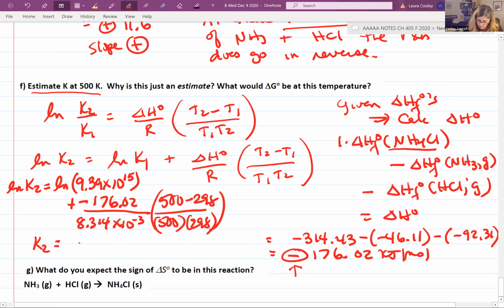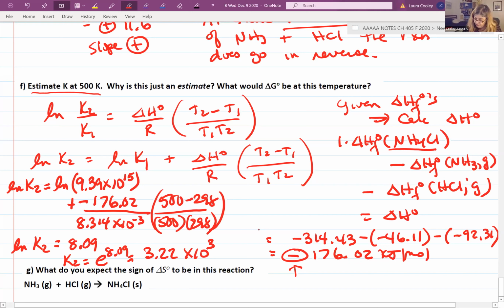The log of K2 comes out to 8.09, so K2 is e to the 8.09, which is still a big number.